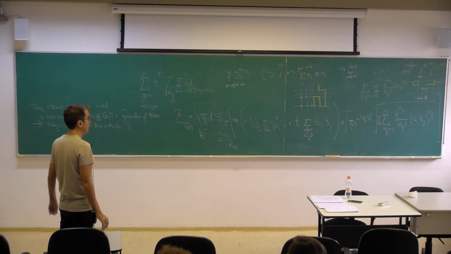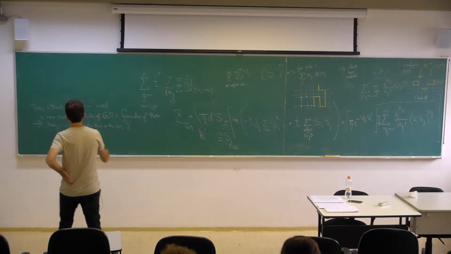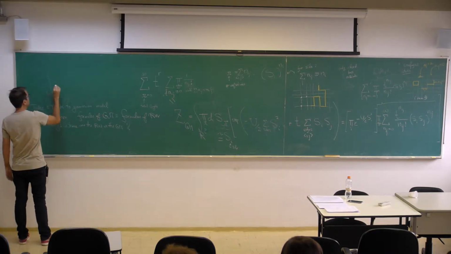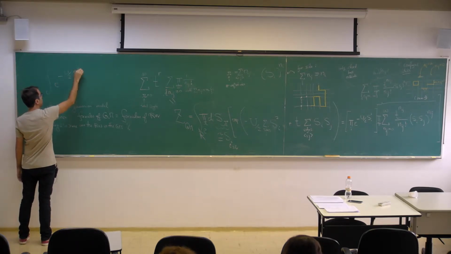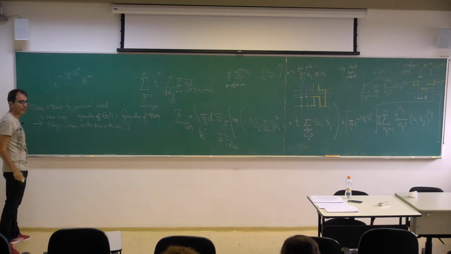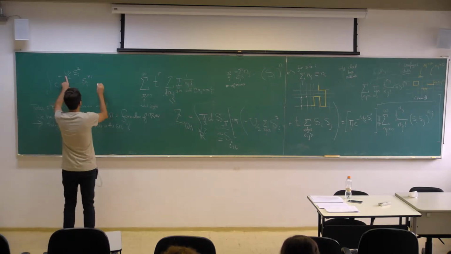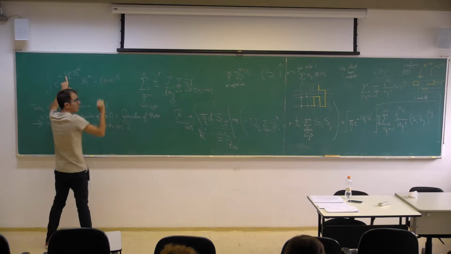And finally, we have the integral over each Si. What integral are we doing? We are doing the integral of e to the minus u over 2 si squared, si to the ni. This integral we did before, and it gives ni minus 1 double factorial. Remember?